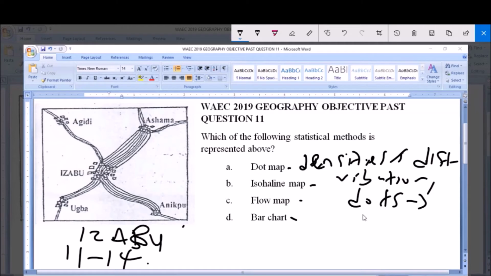So one dot, for example, could be equal to, say, 5,000 people. So that's what a dot map is.